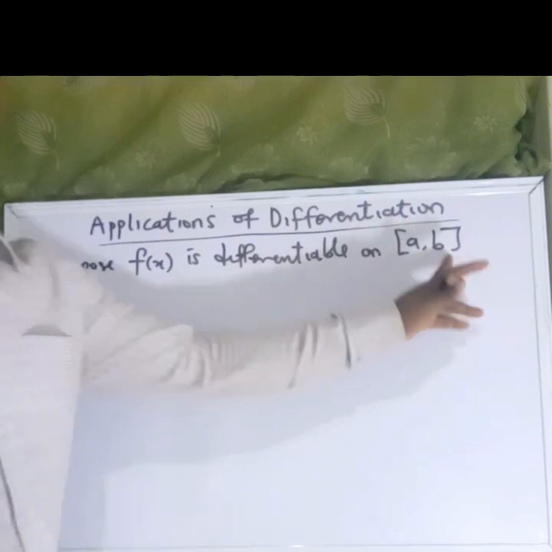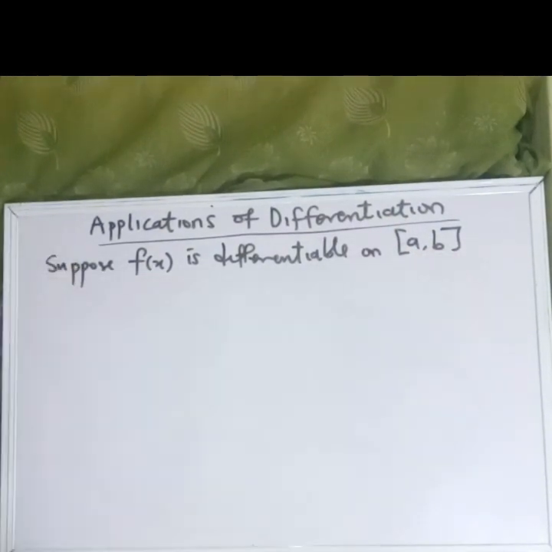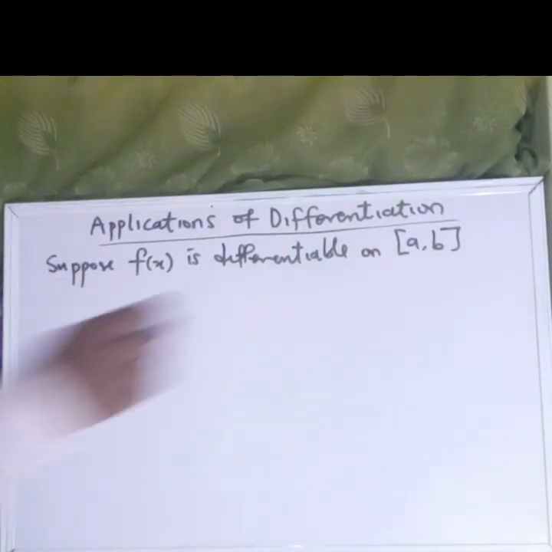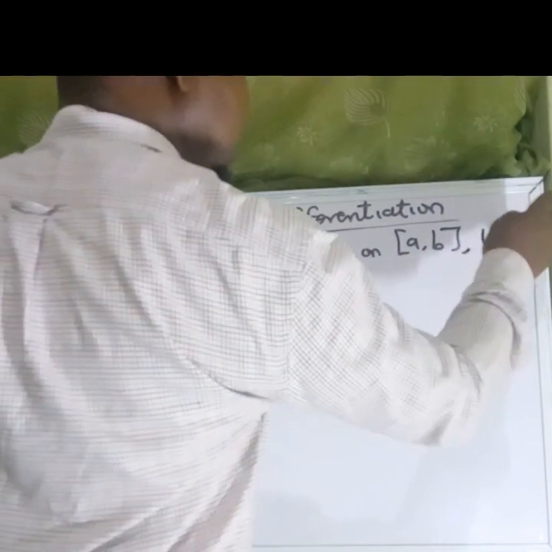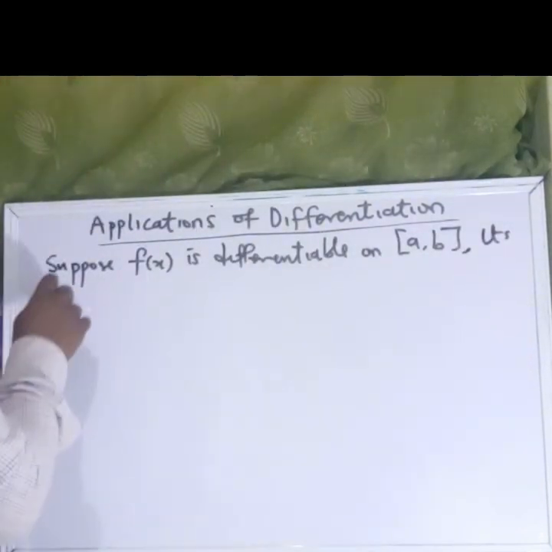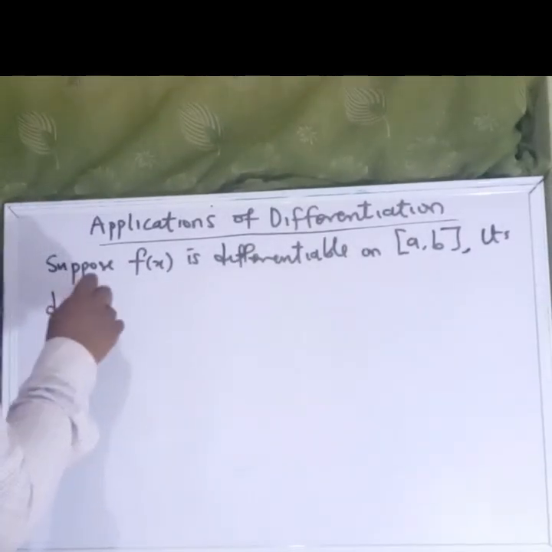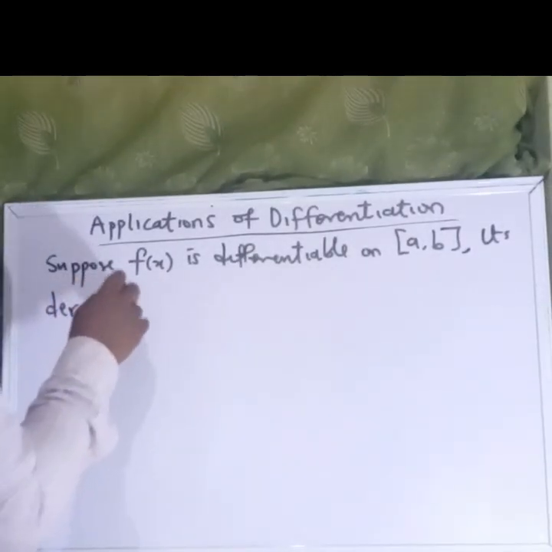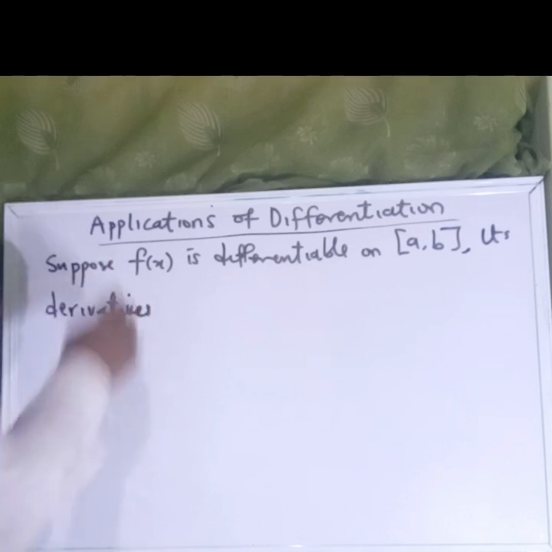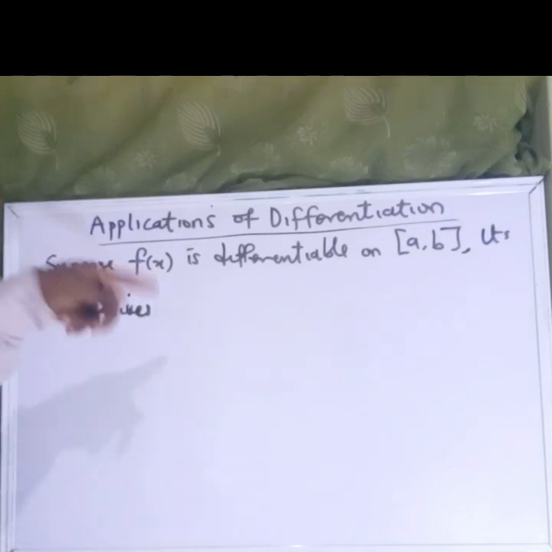So the interval a to b. And so what this means is that its derivative, that is the derivative of this f of x, exists on that interval.